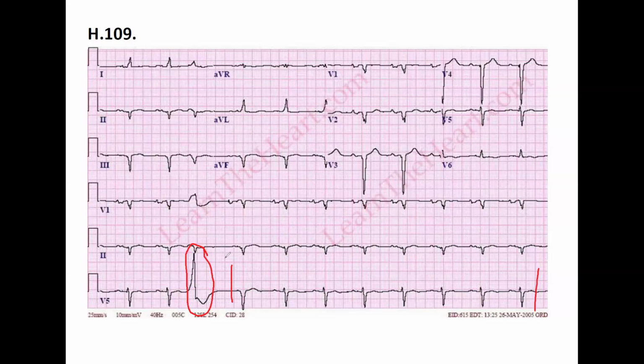This rhythmicity is interrupted by this bit, and this bit comes earlier, so it means that this is a premature ventricular beat. Correct. Good. Now you can focus on the normal bits.